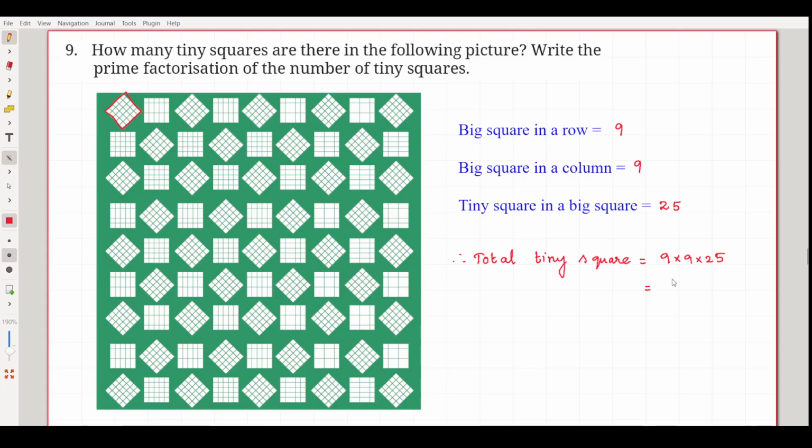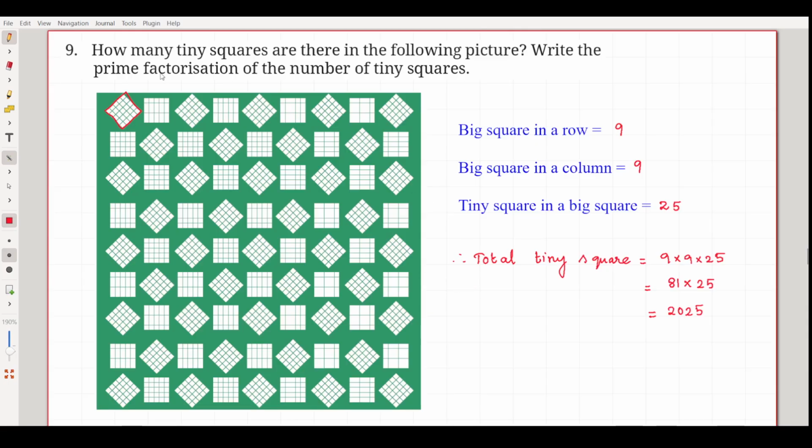So 9 nines are 81 into 25. Just multiply 81 into 25 and we'll be getting 2025. So there are 2025 tiny squares inside the big square.